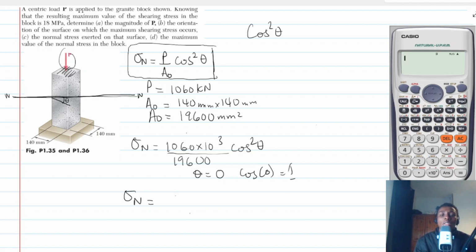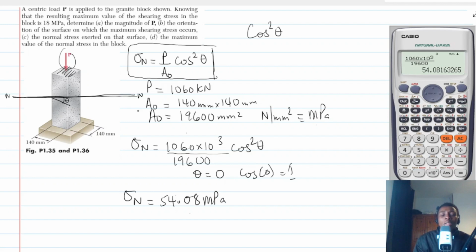Then the normal stress will be 1060 times 10 to the power 3 divided by 19,600, which is 54.08 megapascal. Don't forget that Newton per millimeter square is the same as megapascal.